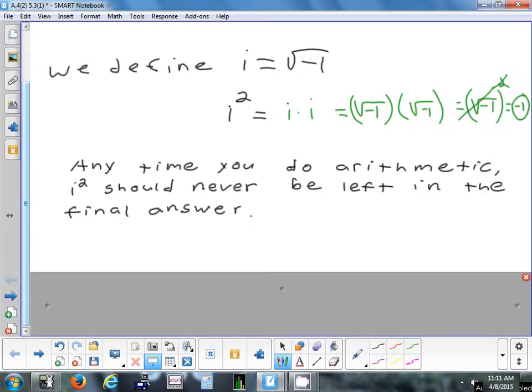Any question on that? Just the fact that i squared equals -1. As we go through, especially with multiplication and division, i squared comes up a lot. You never see i squared when you add and subtract, it doesn't happen, but when we multiply and divide, you will.